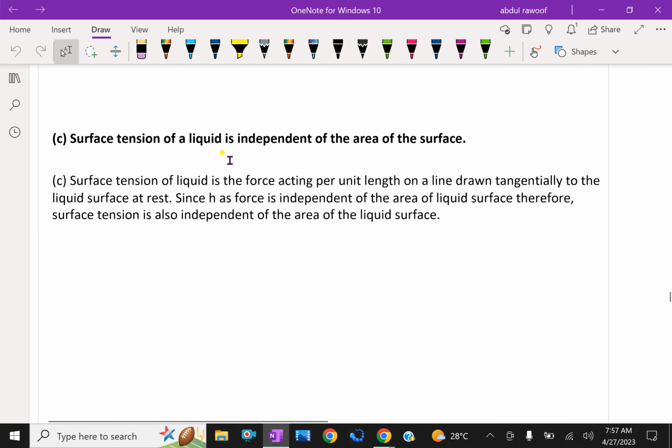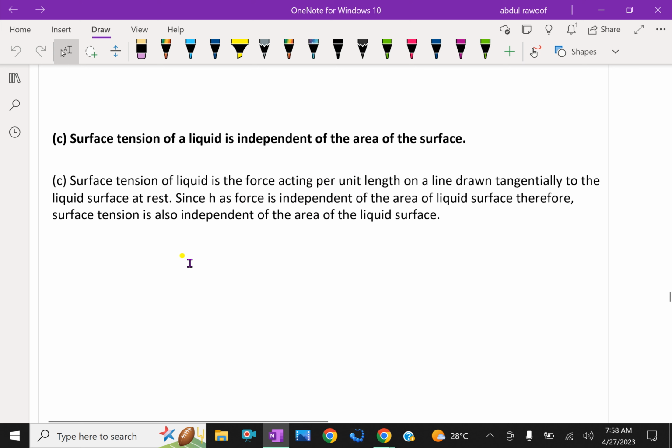Surface tension of a liquid is independent of the area of the surface. Here, surface tension of a liquid is the force acting per unit length on a line drawn tangentially to the liquid surface at rest. Such a force is independent of the area of the liquid surface. Because this is a length function, force acting per unit length is the surface tension.